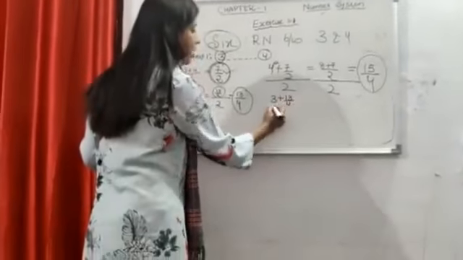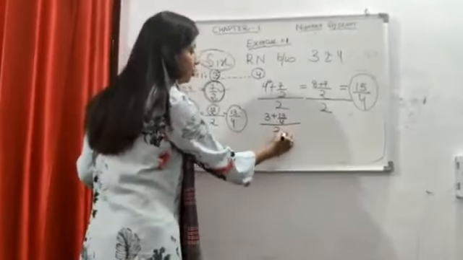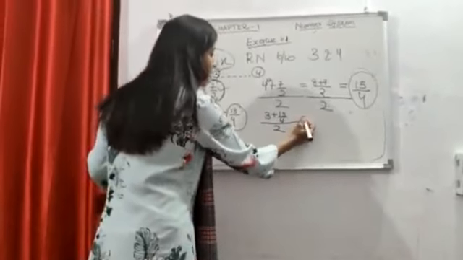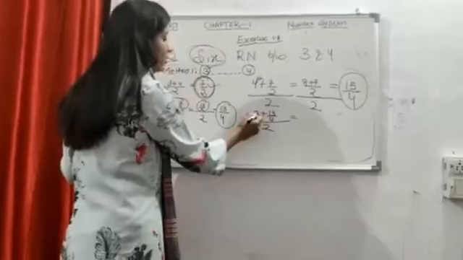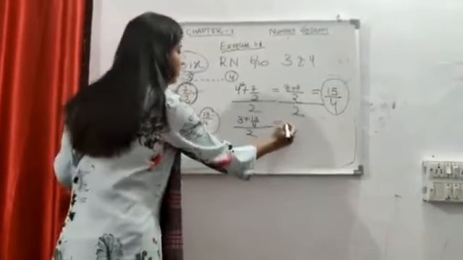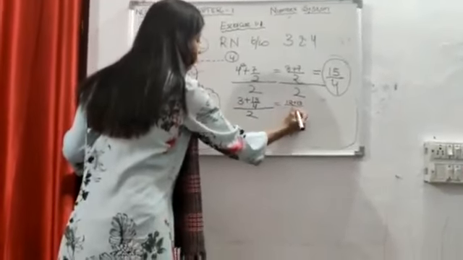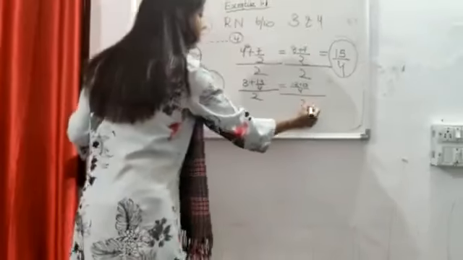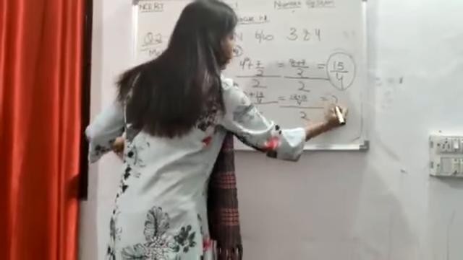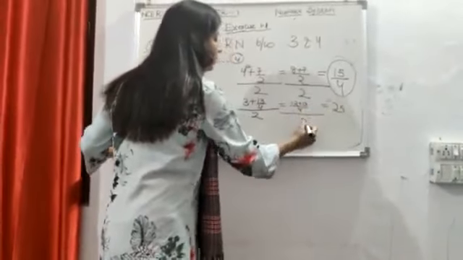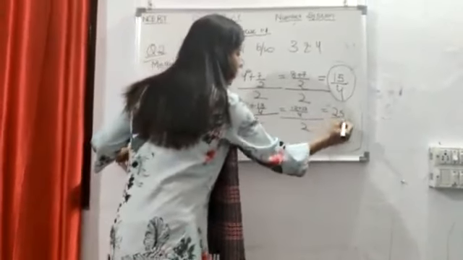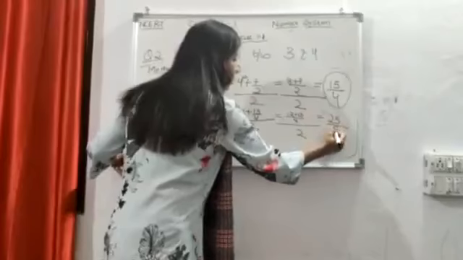Since we have to find the mean, we have to divide it by 2. So now we take out the LCM. 4 times 3 is 12, 12 plus 13 will be 25, and whole upon 2. So 4 times 2 is 8.